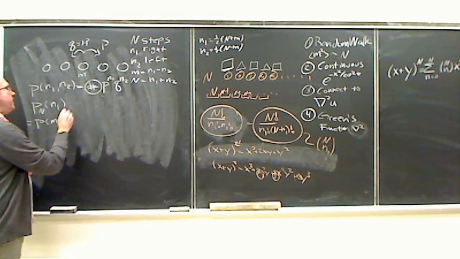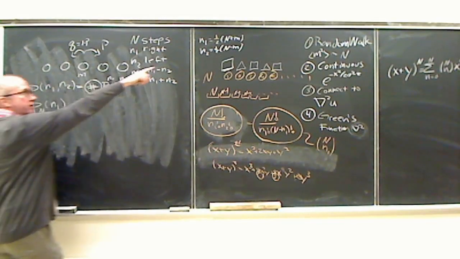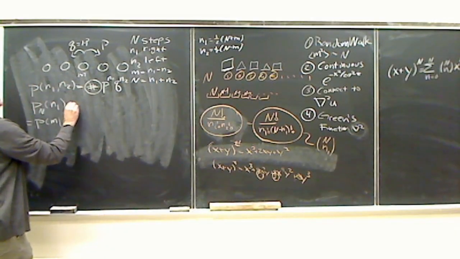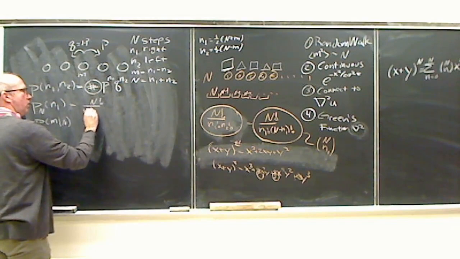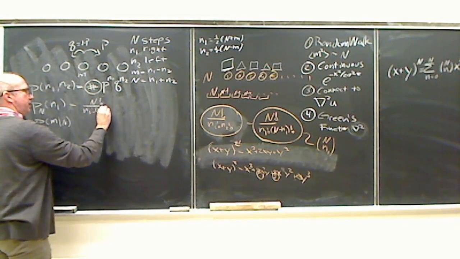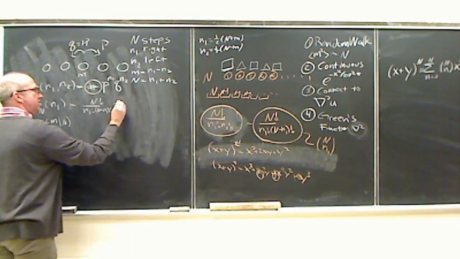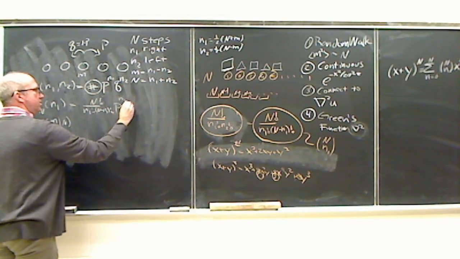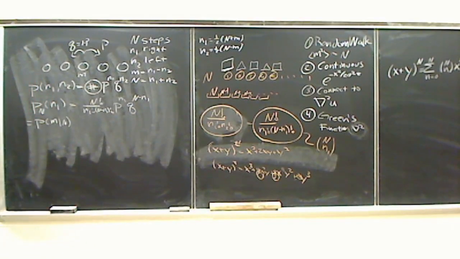Because I can rewrite it as a function of n1 or m. So this is equal to n factorial over n1 factorial, n minus n1 factorial, p to the n1, q to the n minus n1.